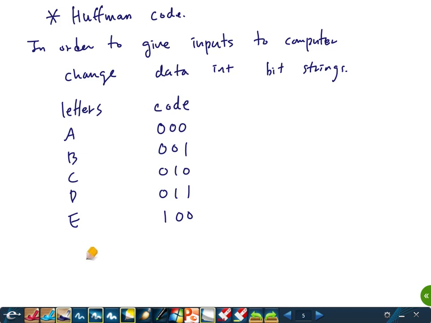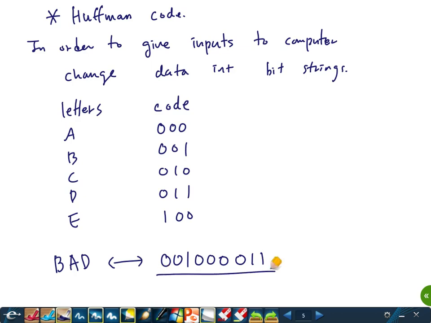Suppose that you want to encode the word "bed". So B, what is B in the binary code that we have over here? 001. E, 100. What about D? 011.